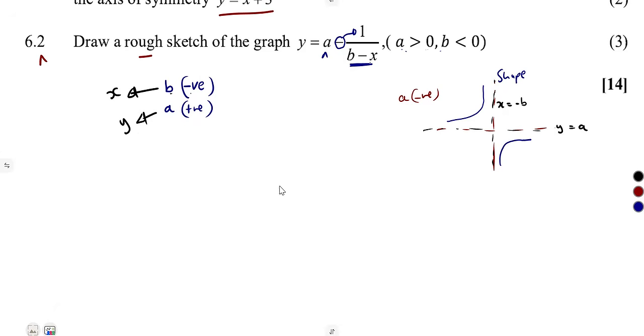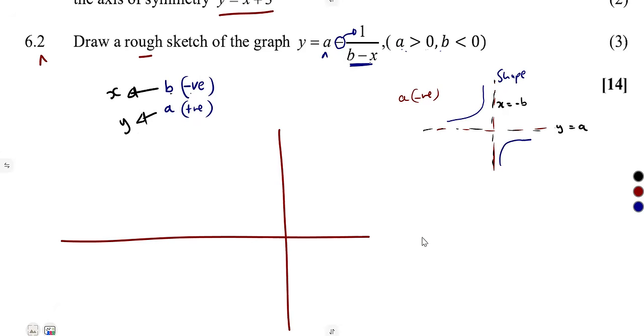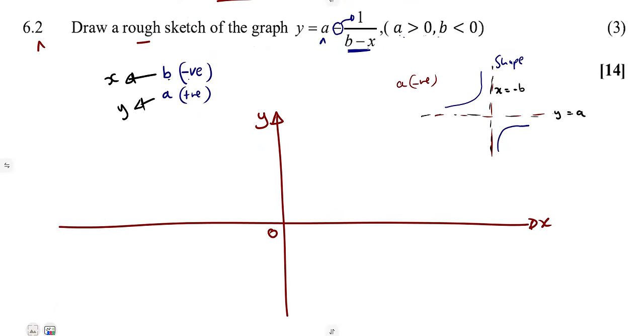How can we have now a proper or a nice sketch from this? This is our x-axis, y-axis, all right? This is our origin. So if we are to consider this, x is what? Negative. So negative values on the left of what? Of this y-axis here. So we're talking about this side. Those are the values of x being negative. So x is equal to minus b.